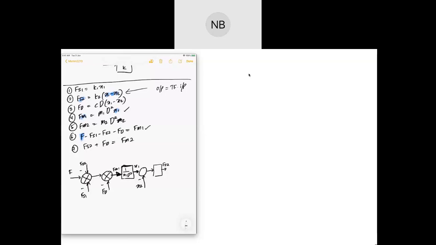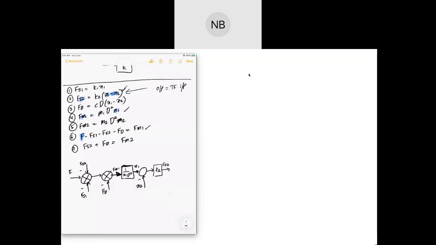So the output is Fs2, the input is X1 minus X2, so the transfer function must be K2. Is that okay? Right? Okay, now next is your Fs2 here. Let me just put the Fs2 here. Fs2 is now becoming an input, isn't it? So you cannot do the equation of Fs2 anymore, you see, because you've done it.